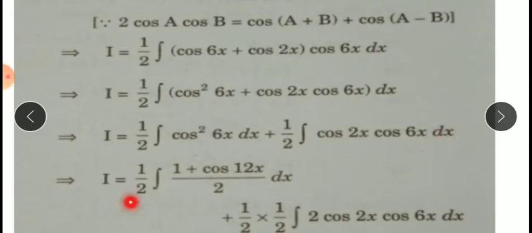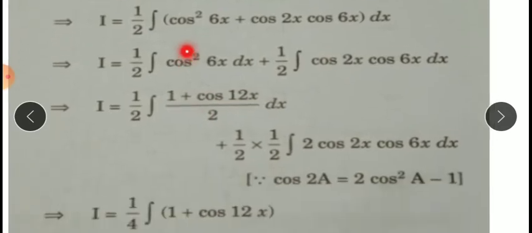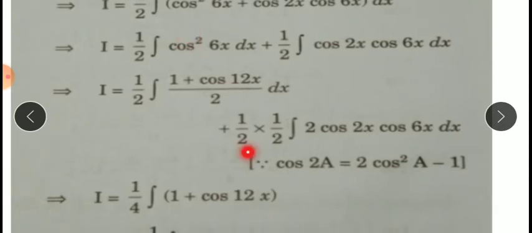See this side, I is equal to 1 upon 2 integration. You know the formula of cos 2x. The formula of cos 2x is 2 cos square x minus 1. On the basis of this, we can write, in place of cos square 6x, (1 plus cos 12x) upon 2. Now the second term is multiplied and divided by 2.